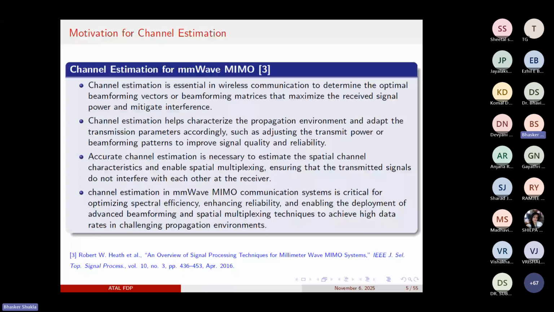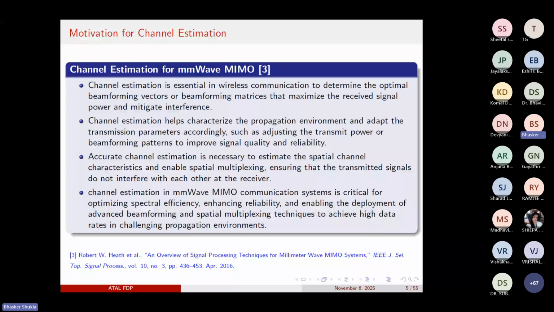So basically, I have discussed all the fundamentals behind how beamforming is possible using multi-antenna systems, and I have also gone through XL MIMO in the previous session.